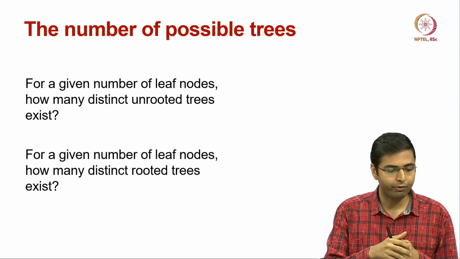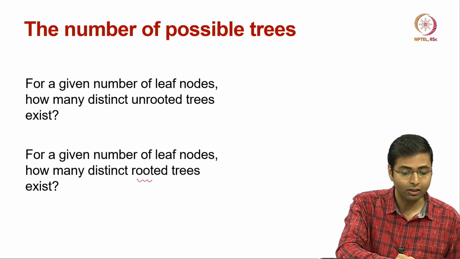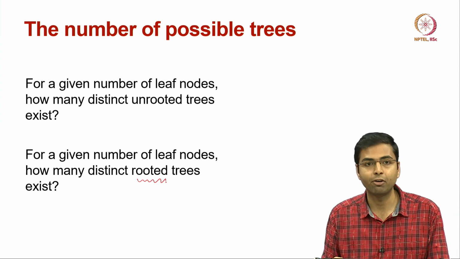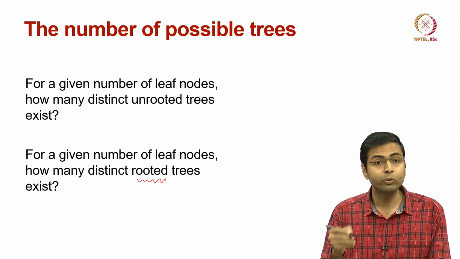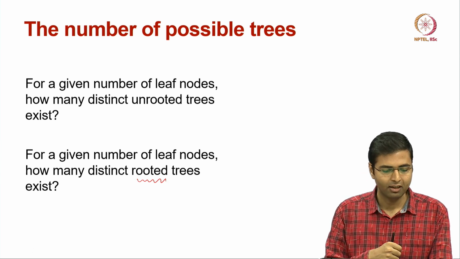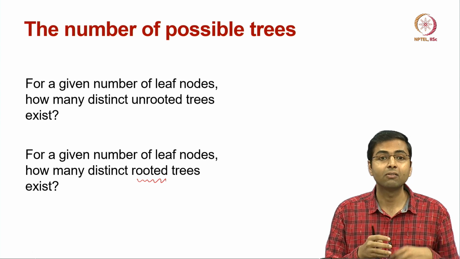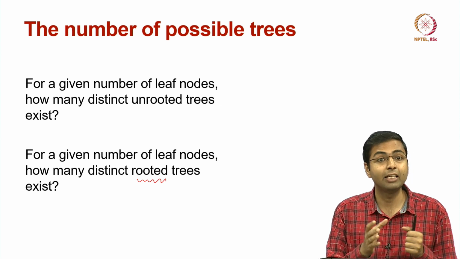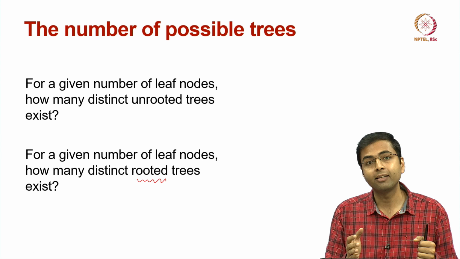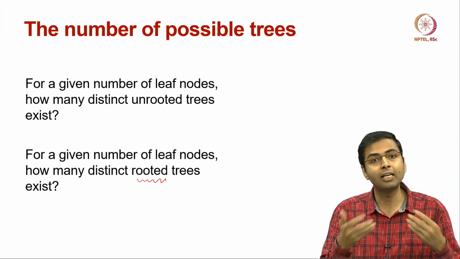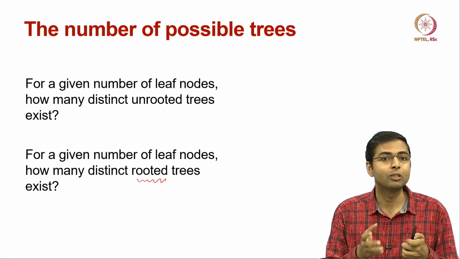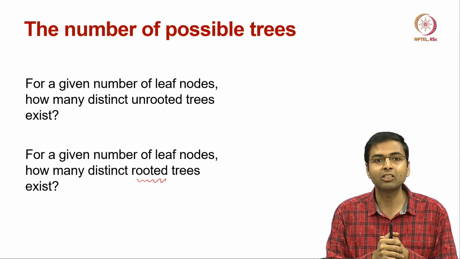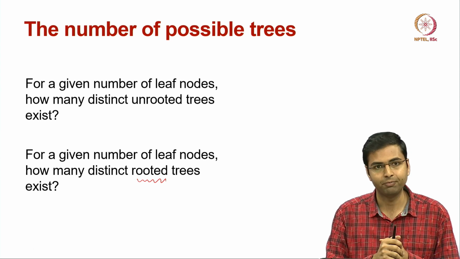Similarly, for a given number of leaf nodes, how many distinct rooted trees can you draw? If we do this analysis, which I will show you next, we will find that the space of phylogenetic trees is very big, and the number of trees grows exponentially with the number of leaf nodes, which is what makes the tree reconstruction problem challenging to solve.